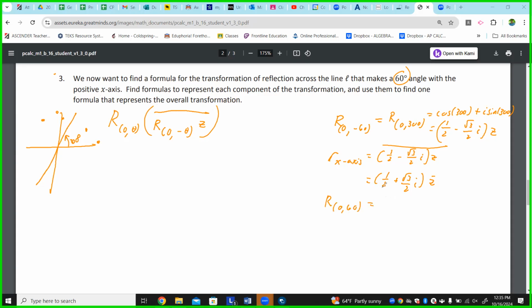This now produces 60 degrees. So I need to figure out on the side here, what is cosine of 60 degrees and sine of 60? I've got to figure out this guy. What is this? Perfect.